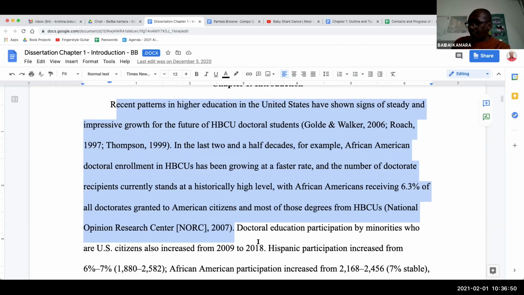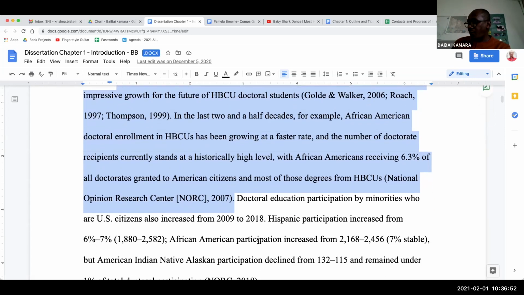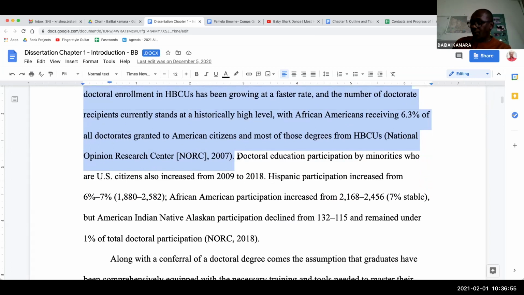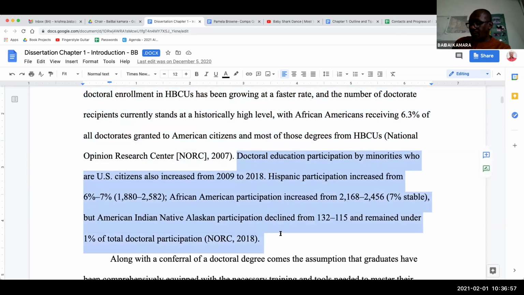Doctoral education participation by minorities who are US citizens has also increased from 2009 to 2018. Hispanic participation increased from 6% to 7%. African American participation increased from 2,168 to 2,145. But American Indian, Native American participants decreased from 132 to 115 and remain under 1% of total doctorate participants.